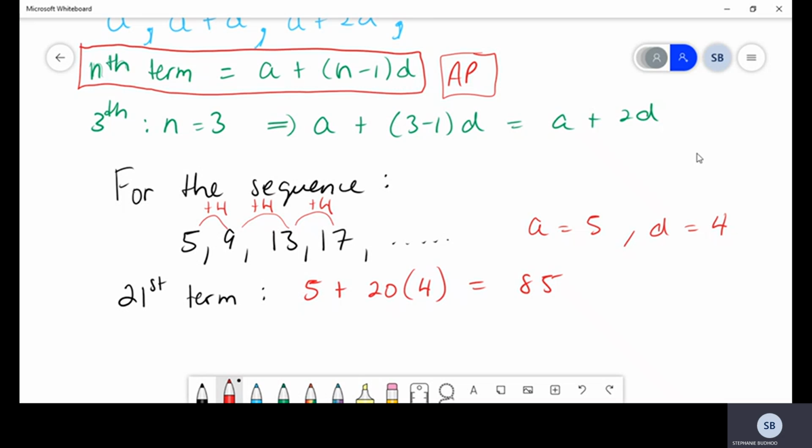This formula applies to the sum of the first n terms, so be very careful when you're applying it. The sum of the first n terms is given by n over 2 of 2a plus (n minus 1)d.